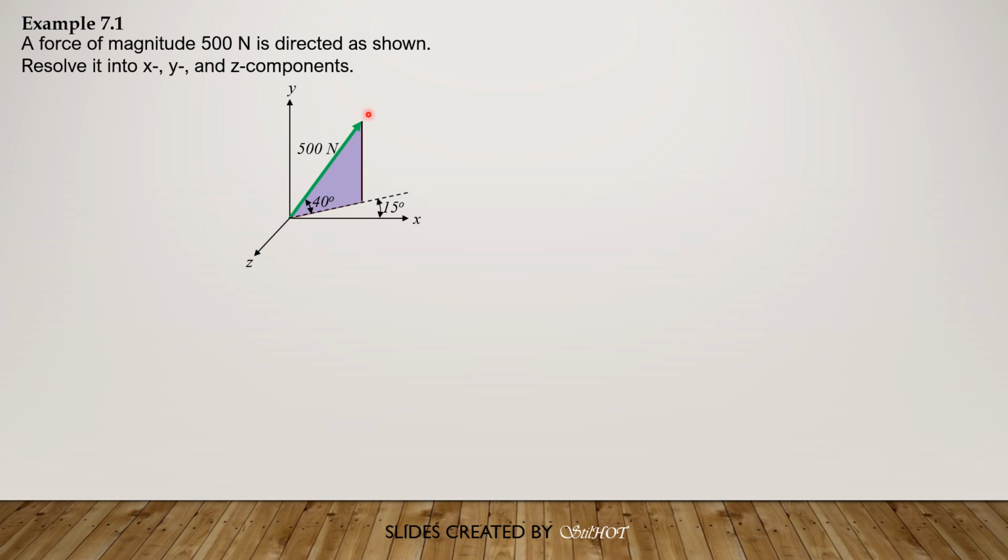So from the figure, because we are given this vertical angle of 40 degrees, this is the y component of the force, and it is equal to 500 sine of 40. That's the parallelogram that reduces to a rectangle.